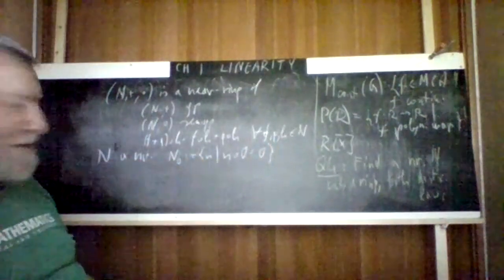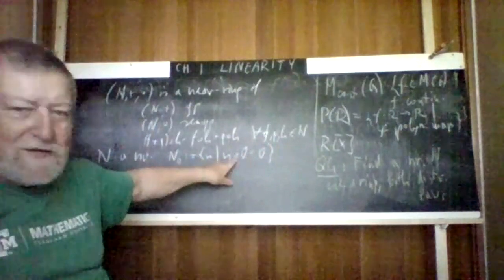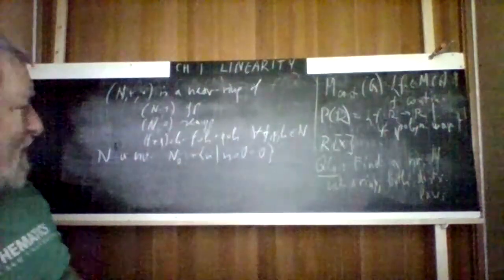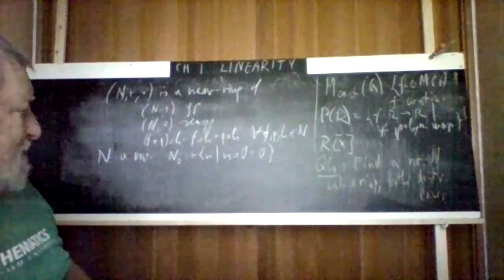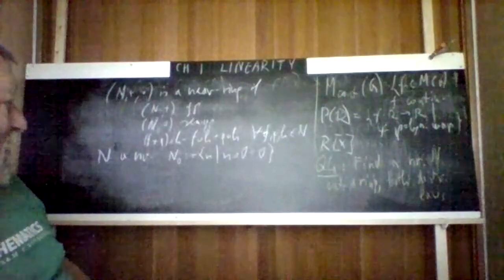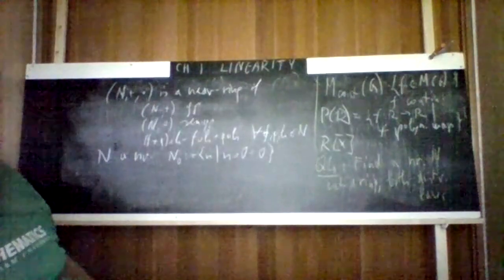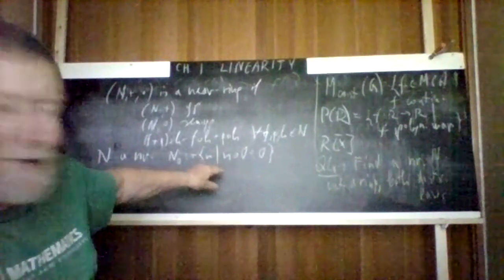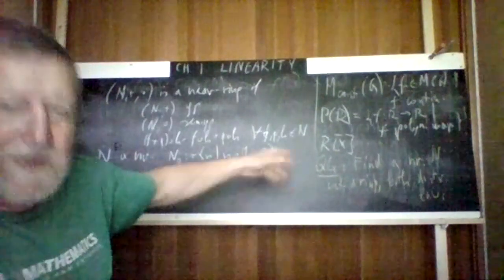And this circle can mean something else than composition, but it's very suggestive to use this, and you see that this mimics the maps if N consists of maps which map 0 into 0.